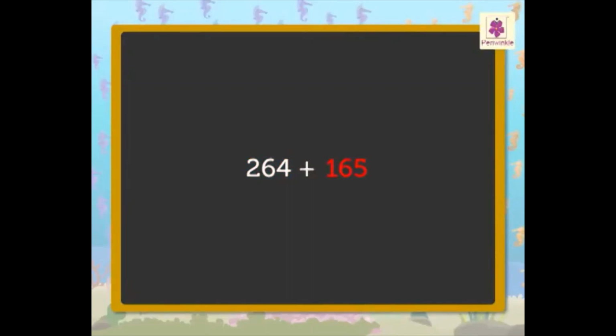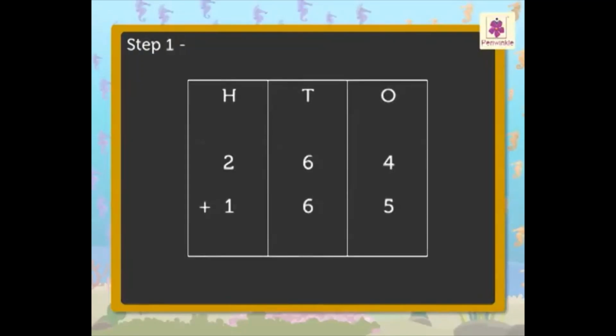Now, we will directly add the numbers 264 and 165. Let us look at the process of addition of these numbers. Step 1. Write the numbers in the hundreds, tens and ones columns. Step 2. Add the digits in the ones column, that is 4 plus 5 is equal to 9. Step 3.